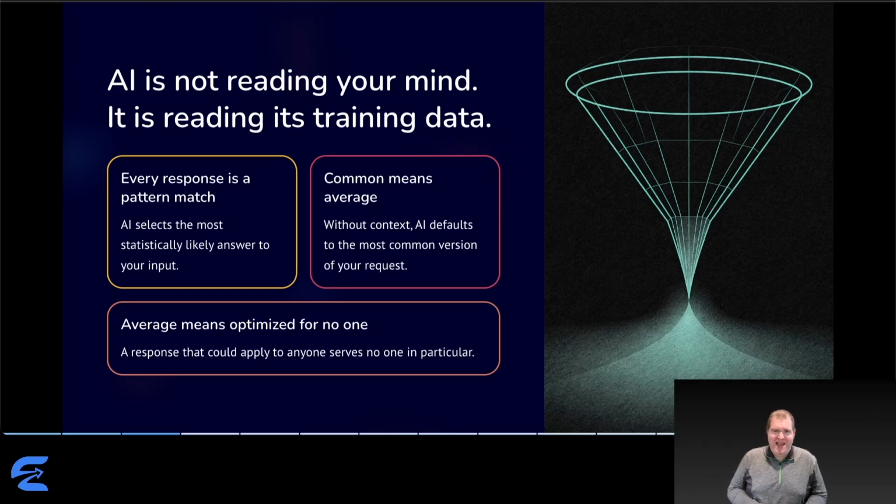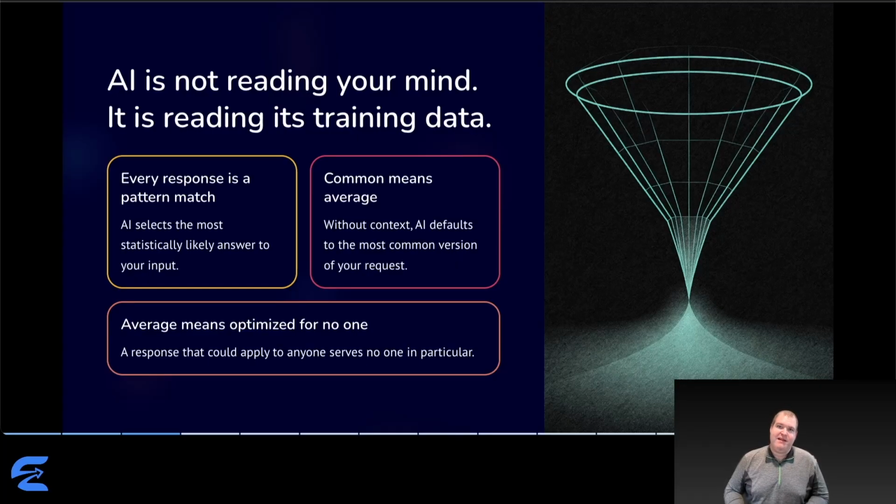When your prompt is vague or context free, the pool is wide. The model defaults to the most common version of what you asked for, the average across every situation that resembles yours. That average applies to many situations, which means it's calibrated to none of them. This is the same pattern completion mechanism from the earlier videos. Context is another way of narrowing the pool.